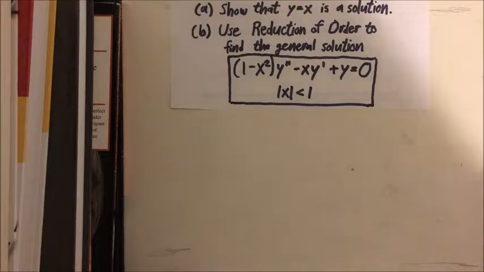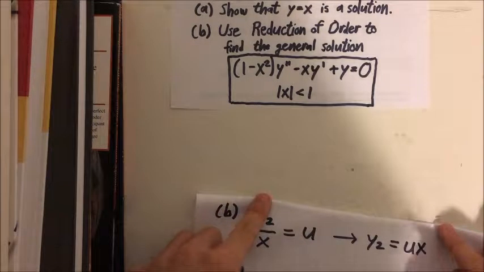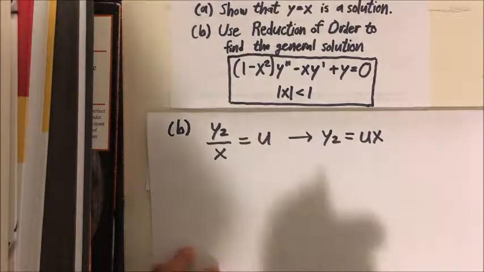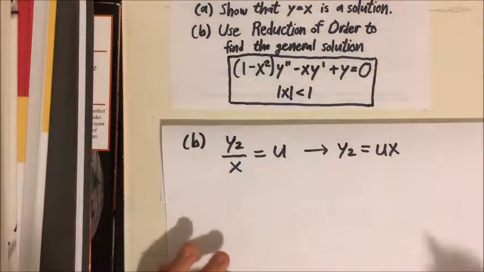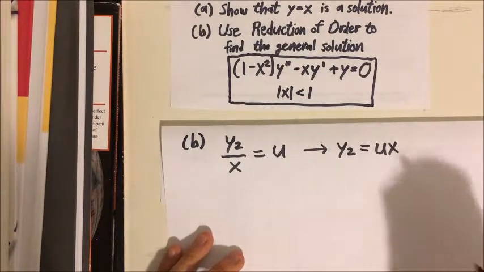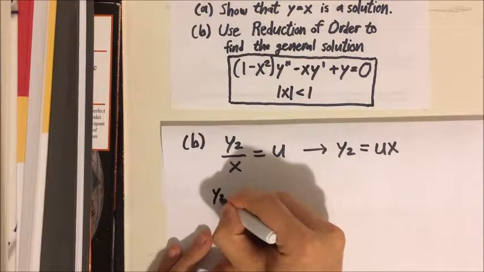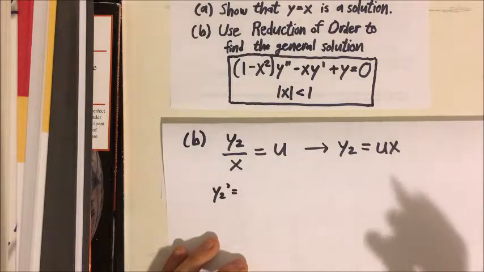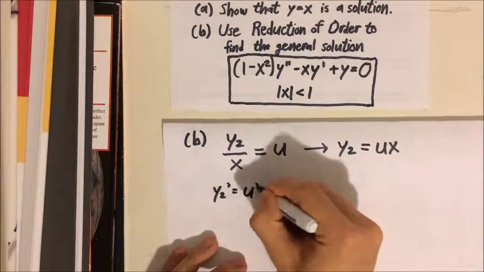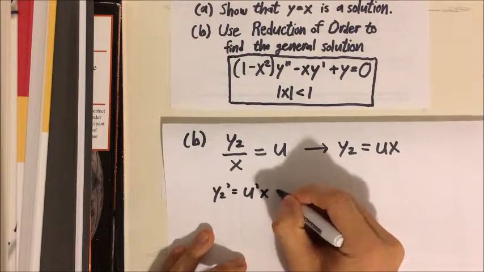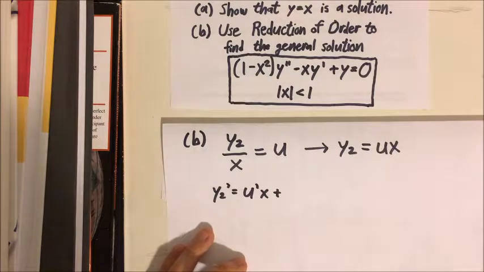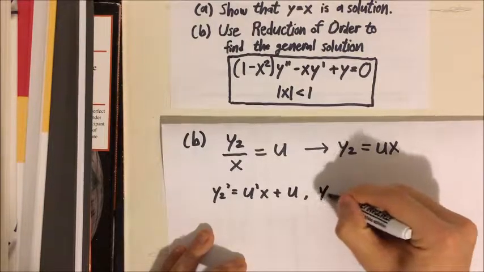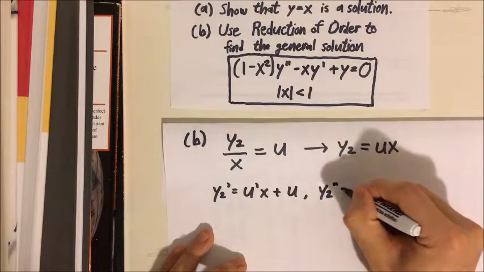So let's do it right here. We take the derivative of y2. For the first derivative of y2, you have to use the product rule. So first take the derivative of u, and we get u prime times x, plus take the derivative of x, which is just 1, we're left with u. Now let's take the second derivative.